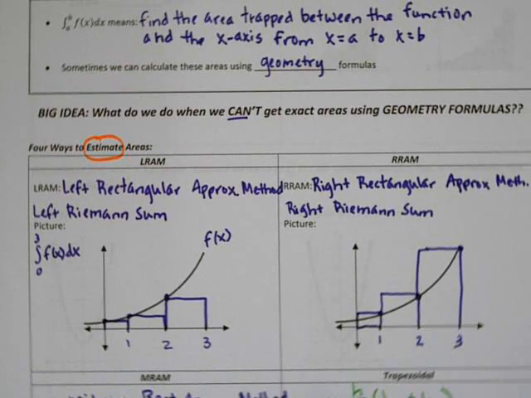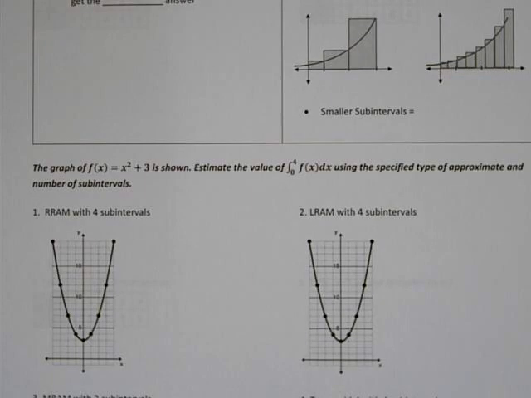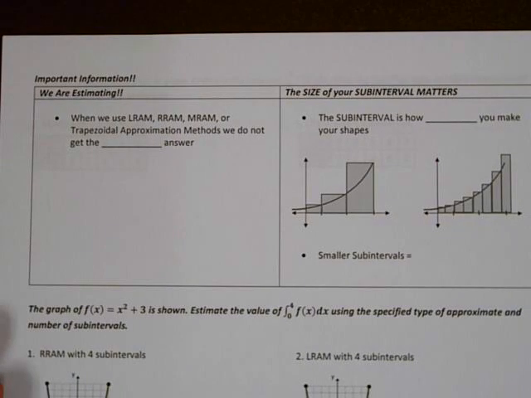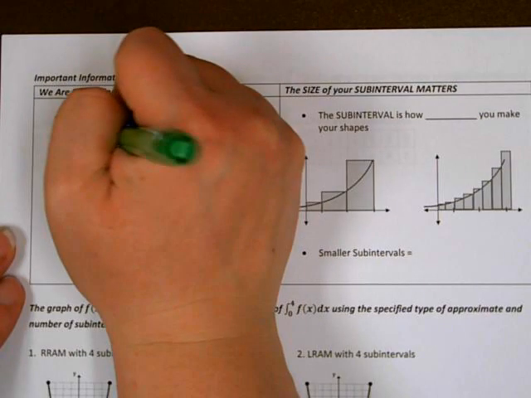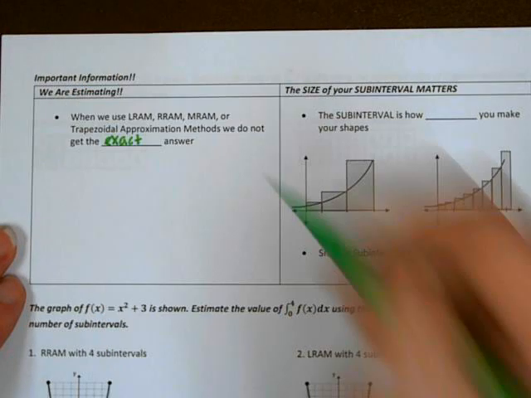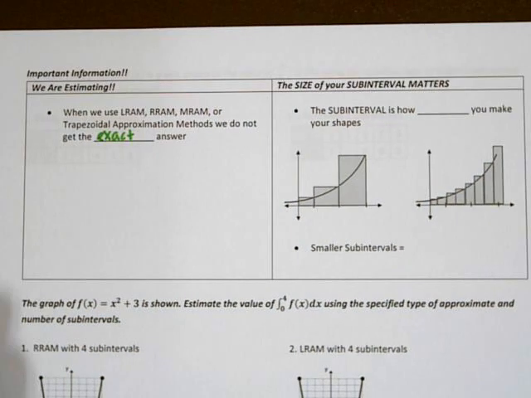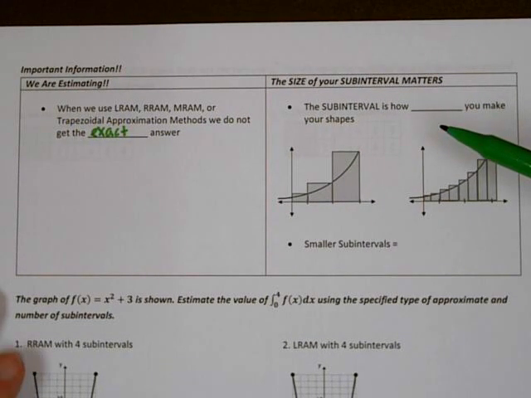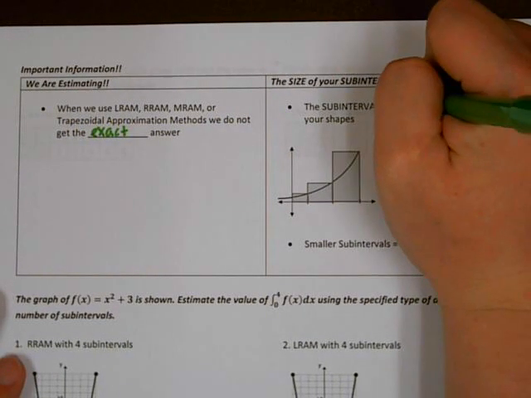The other thing I need you to understand here is that it's really important to remember we're estimating, okay? We are not able to get the exact answers here. These are all approximations. All right. The size of your subinterval matters. The subinterval is how wide you make your shapes.